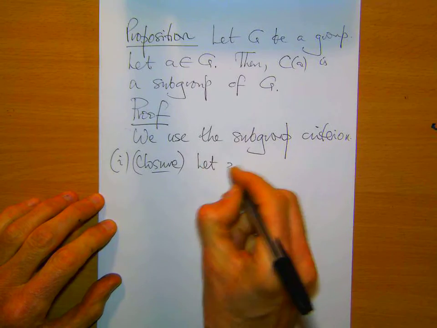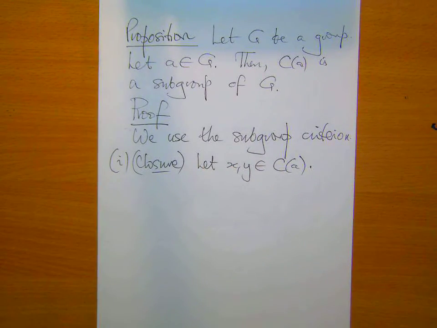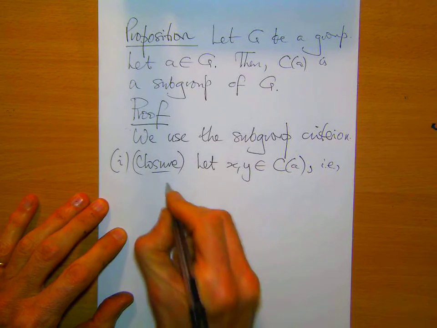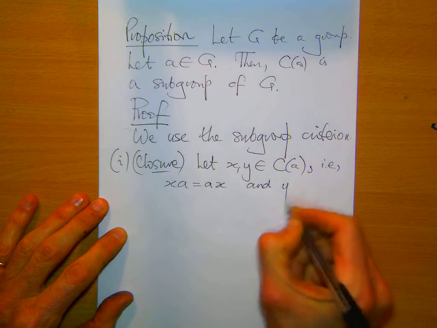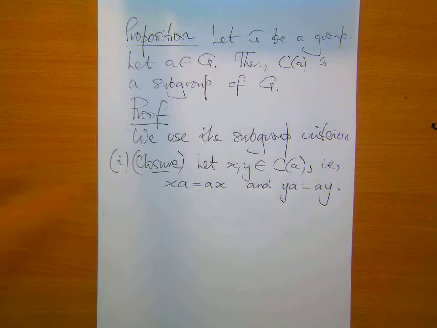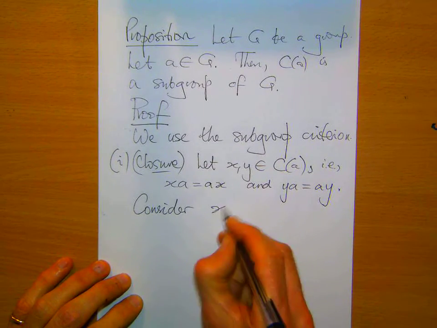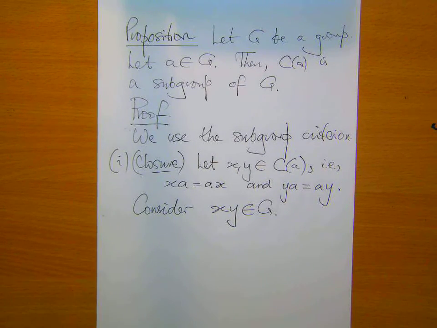So let x and y be in C of A. So we take two elements that commute with A. So let's just spell that out. So xa equals ax and ya equals ay. And we're going to consider multiplying x and y together. So that's certainly an element of G, and what I want to do is show that it's actually an element of C of A.